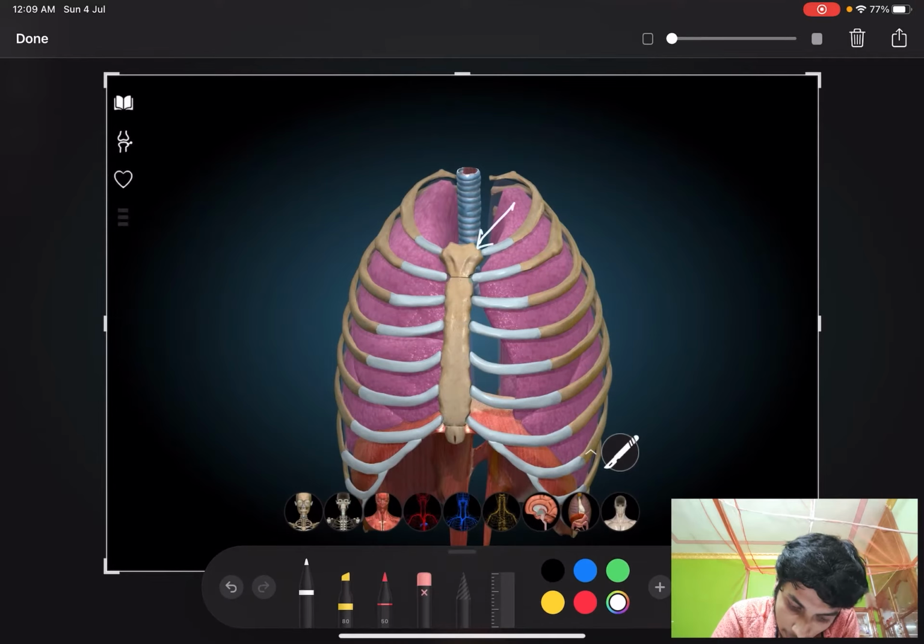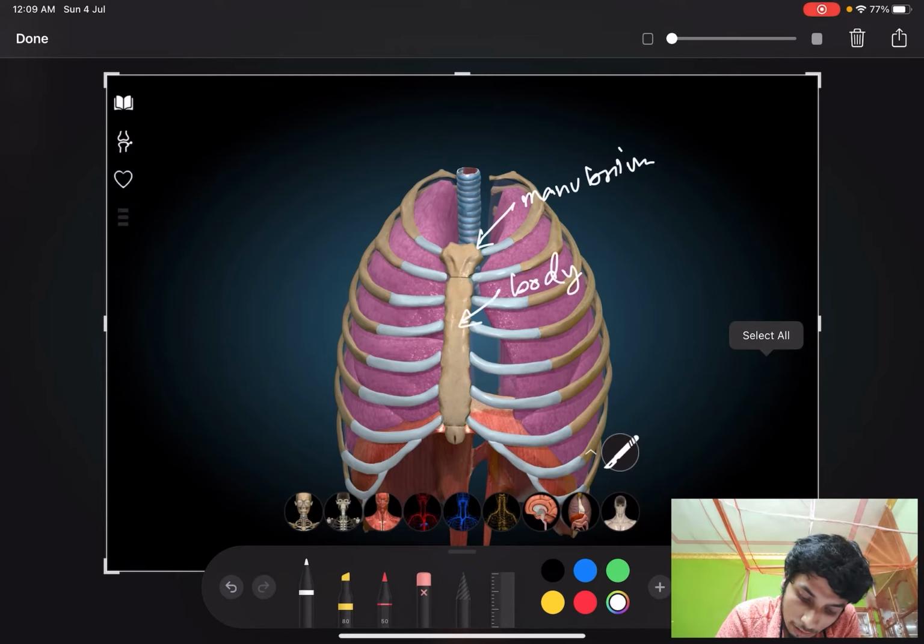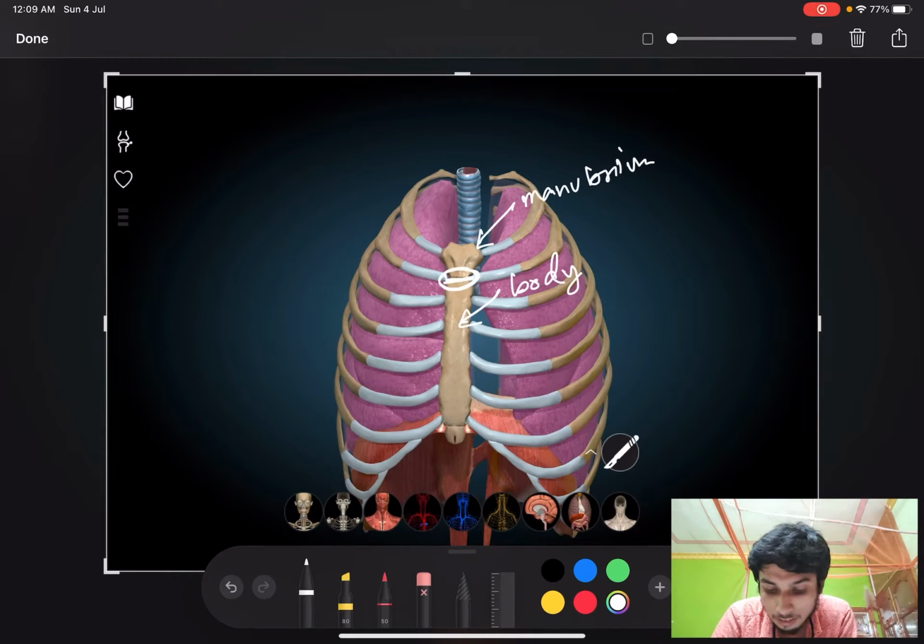So let me show it to you. It is manubrium, it is body. So around this line is the sternal angle.